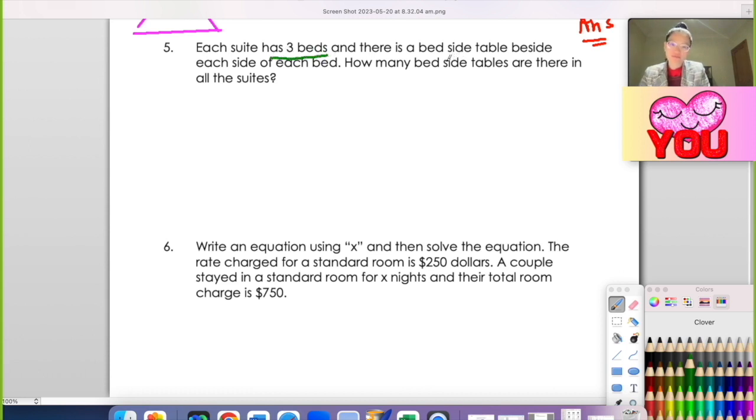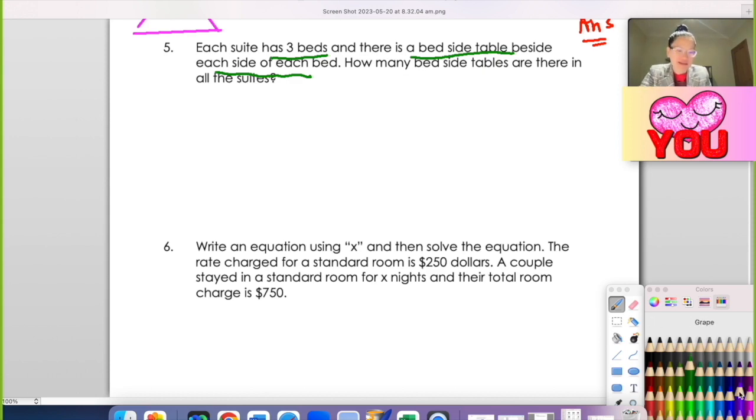How many bedside tables are there in all the suites? Okay, each suite has 3 beds, and there is a bedside table beside each side of each bed. How many bedside tables?